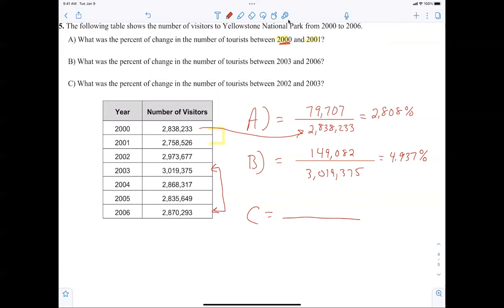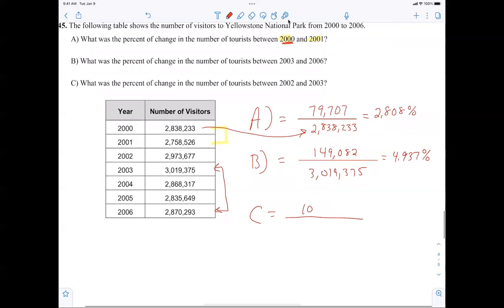Tell me what goes on the top. 5,360. What goes on the bottom? Okay, so tell me what my answer is.